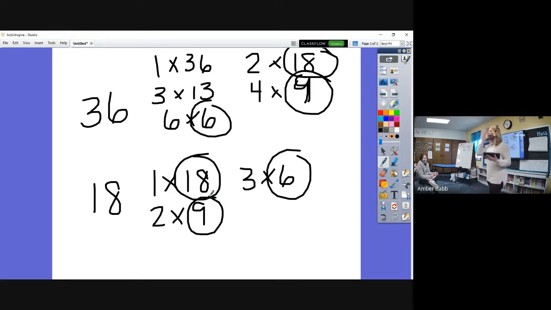But you guys are getting to a good place where you're starting to see the common factors without having to write them out. But sometimes, especially when you get into bigger numbers, the common factor is actually something bigger.